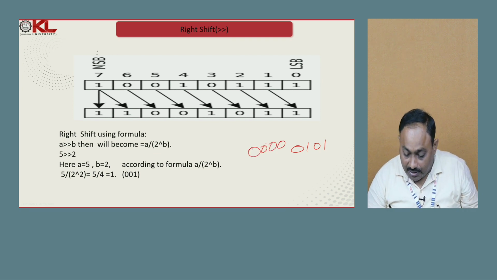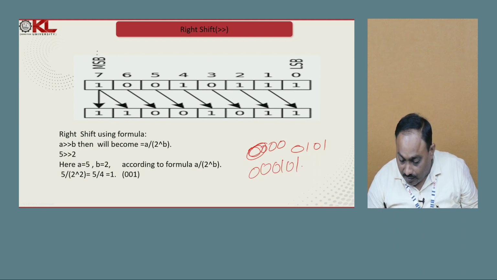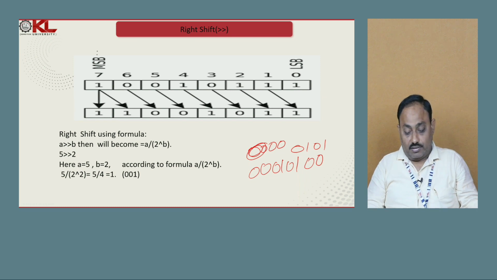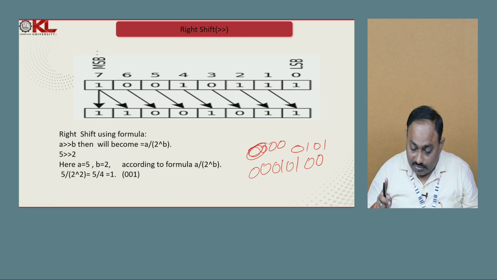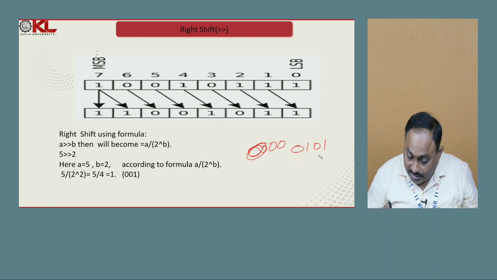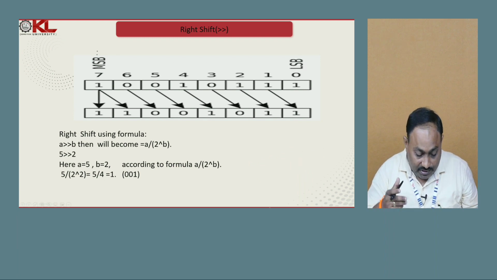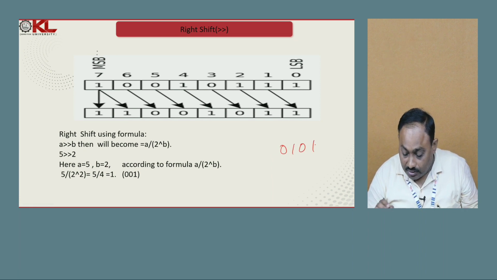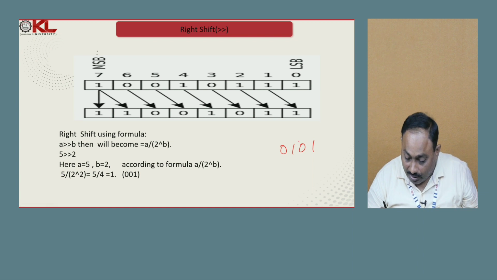Now these 2 bits are moved here, 00010100, like that it happens. When it happens, we will get the division operation. Sorry students, this is not left shift, this is right shift. So when we take this value like 5, that is 0101, now I want to perform the right shift operation.